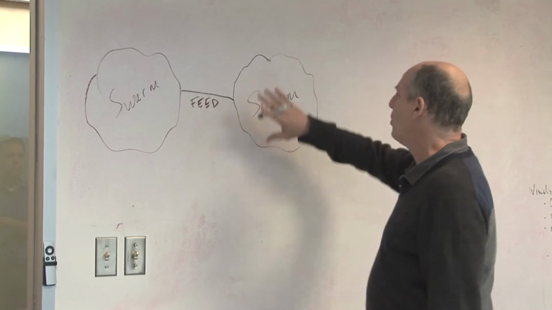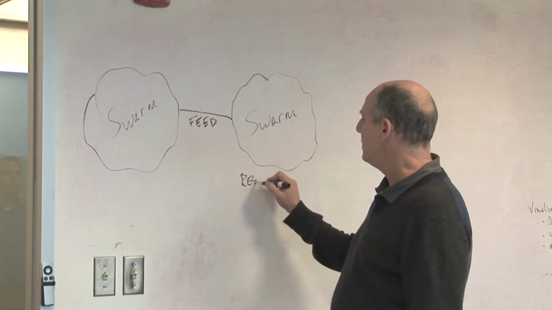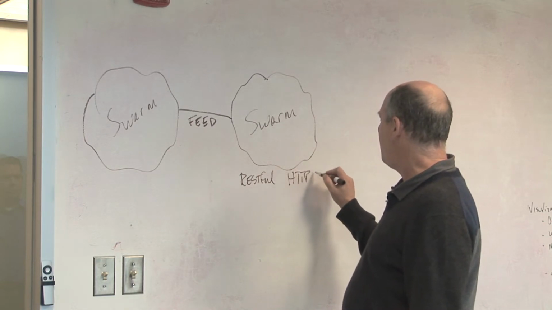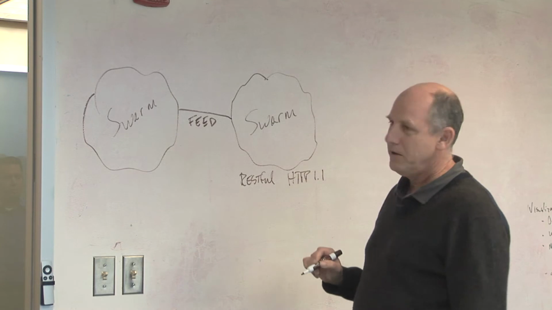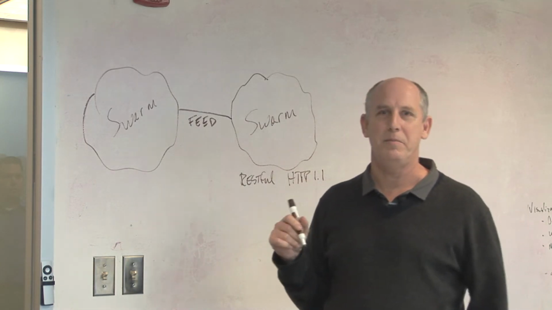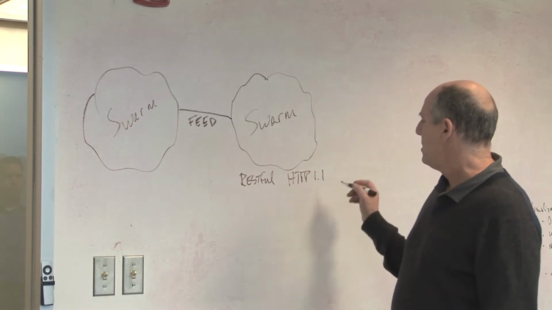So this is the core storage engine, and it uses a standard RESTful interface, HTTP 1.1. It looks like S3 a bit, but it's a bit more powerful, and a bit like Swift.